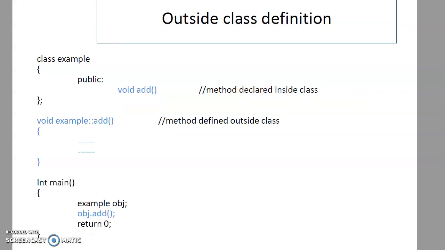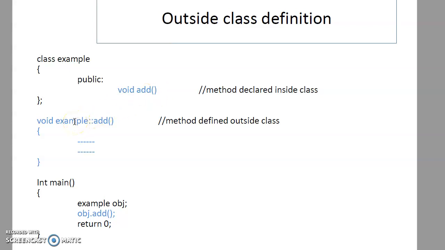Now we are going to see outside class definition. Here, the code of the method add is given outside the class. Only the method gets declared within the class: class example, access specifier public, declaration of the method void add. There will be a semicolon for the declaration.